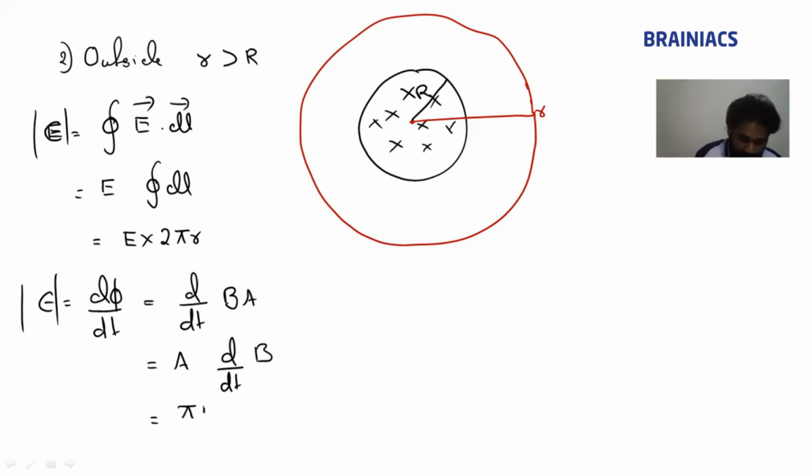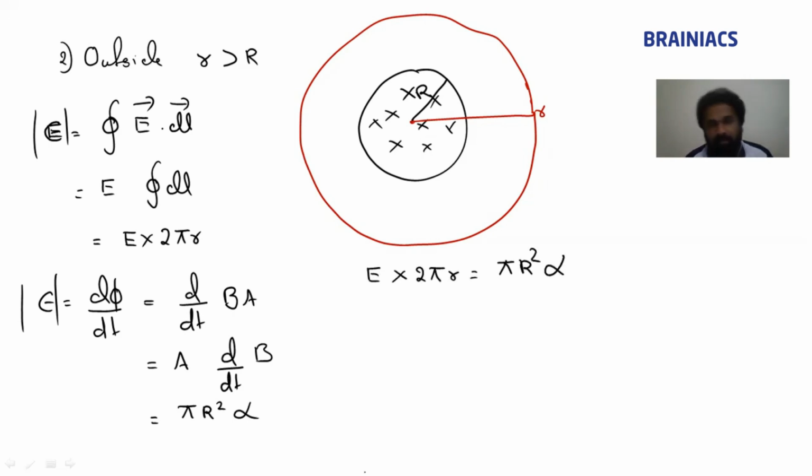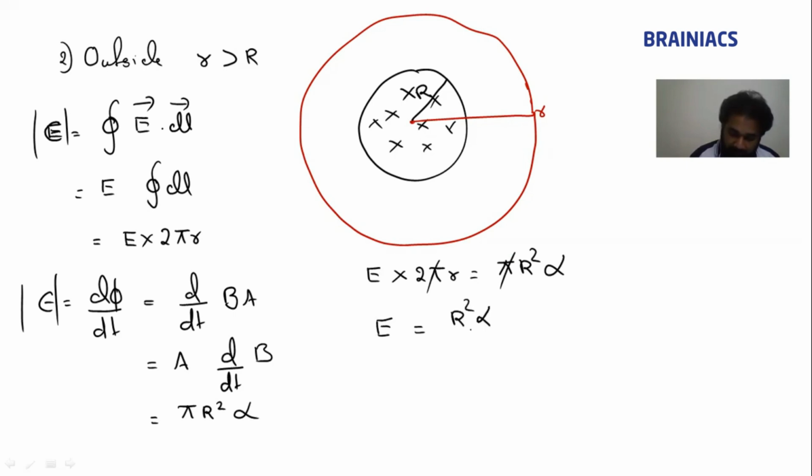Pi R square into alpha. So if I equate this, E into 2 pi r is equal to pi R square alpha. This pi and pi will be cancelled off. I will be getting E is equal to what? R square alpha divided by 2r.